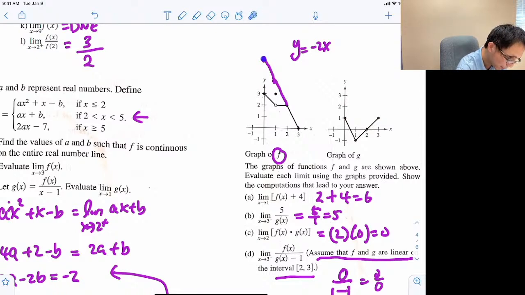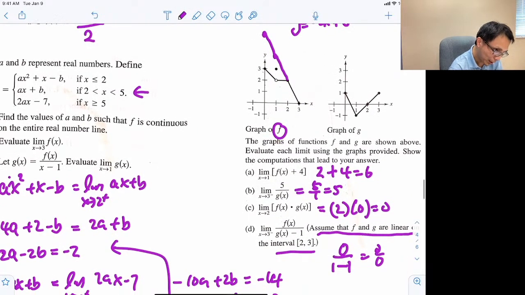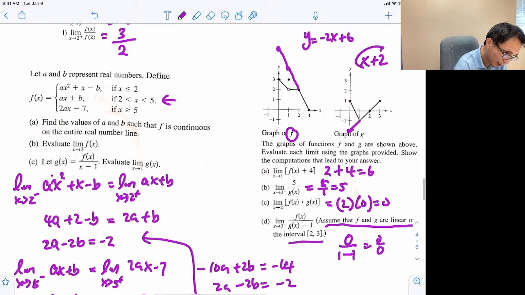Do you guys see that? And plus 6. Does that make sense? And let's look at this function g here. If I go down 1 more here, it's going to be x plus 2. So g of x is going to be x plus 2 here.